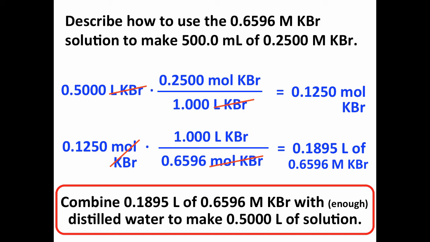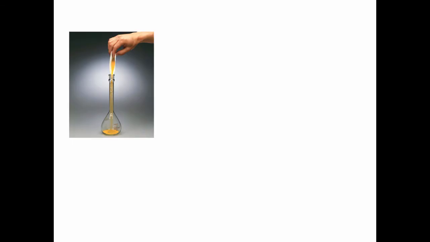So the actual description of how we make it is we would combine 0.1895 liters of the more concentrated 0.6596 molar KBr with as much distilled water as is needed, so enough distilled water to get a total solution volume of 0.5000 liters. Again, take a look at this, though it's not an exact representation.